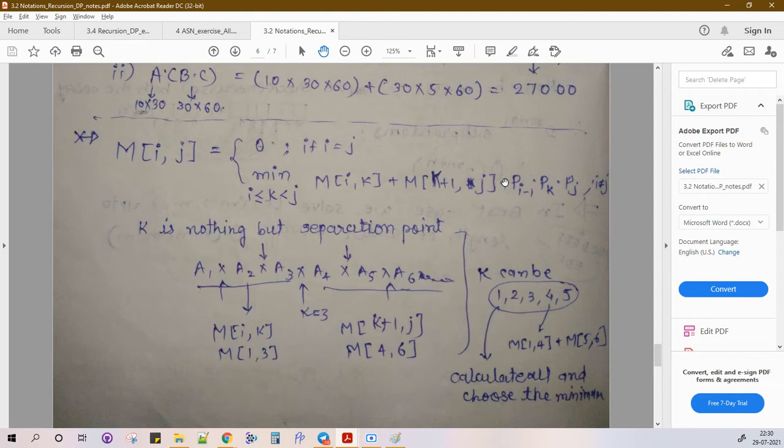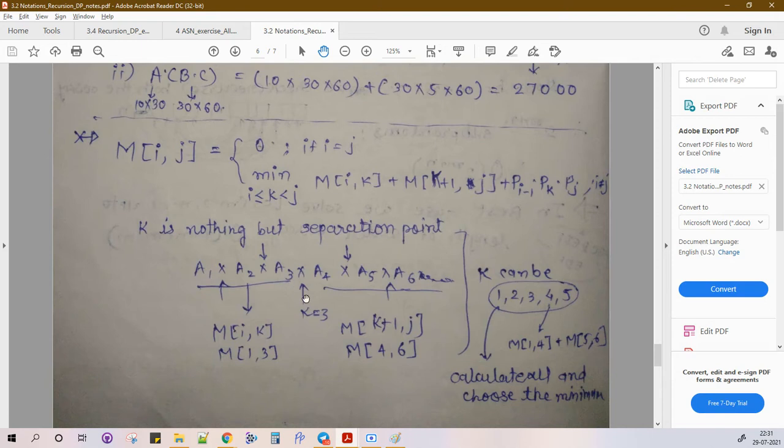So it is defined something like this: p[i-1], because the row count would be similar to what I get multiplying A1, A2 and A3. What would be the row and column after multiplying? It would be the number of rows in A1 and the number of columns in A3. So it is p[i-1], the number of rows from the first element, multiplied by wherever I do the split, k equal to 3.